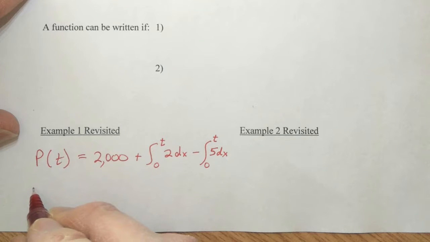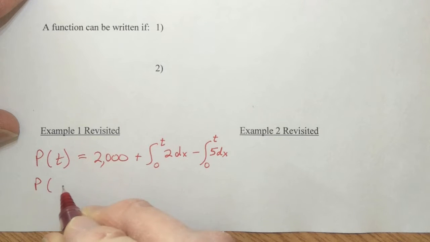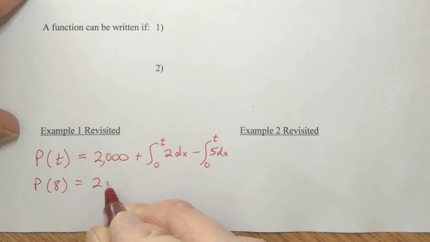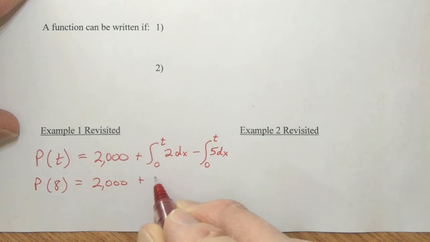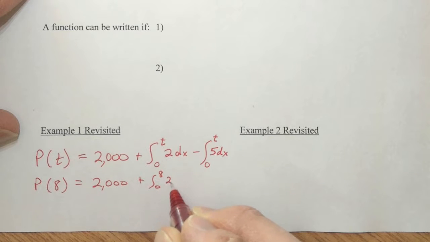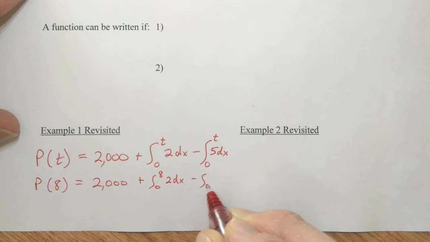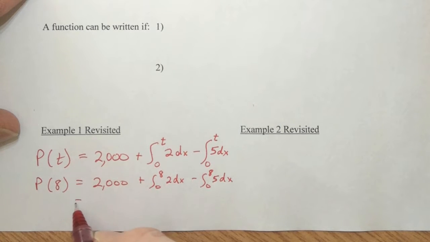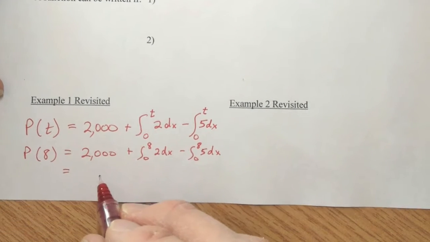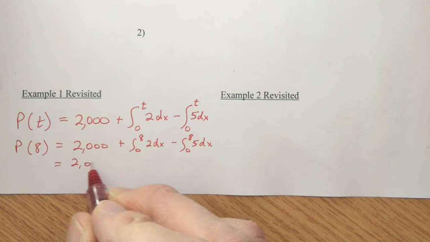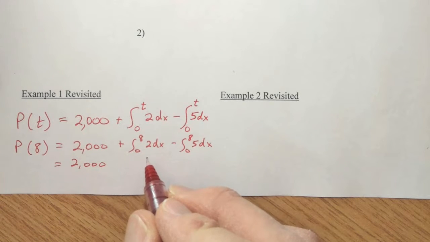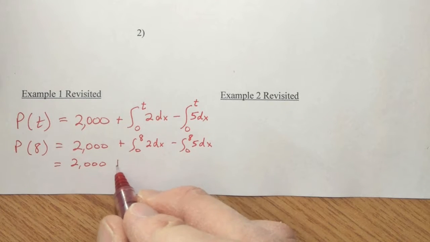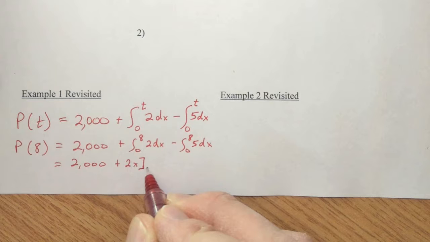So for example, if we want P of 8, it was an 8-hour pool party, then we would do 2,000 plus the integral from 0 to 8 of 2 dx minus the integral from 0 to 8 of 5 dx. This integral becomes 2x if we antidifferentiate it, evaluated from 0 to 8.